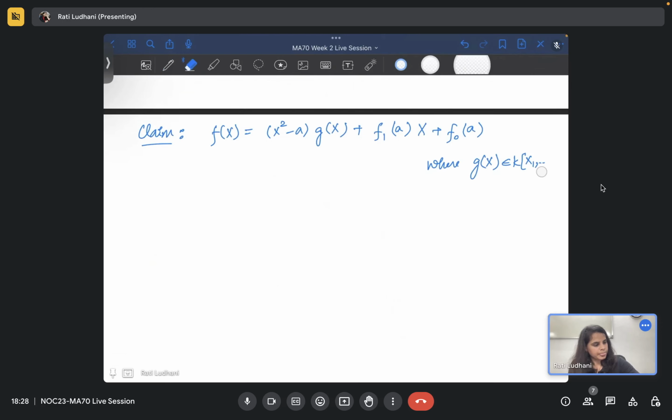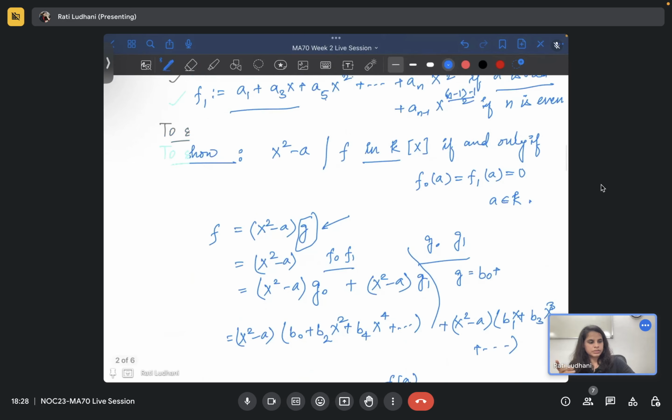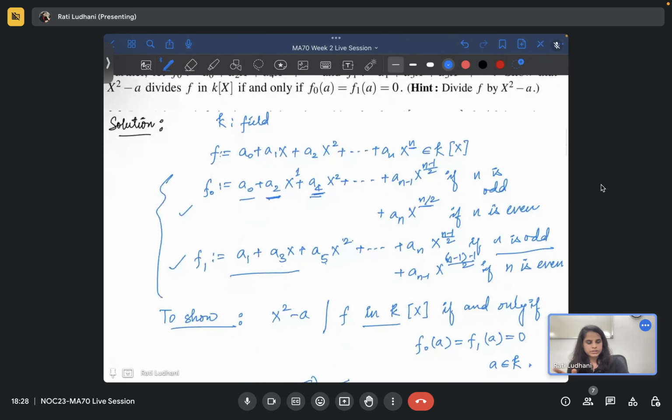So g(x) is some polynomial in k[x], and f1(a) and f0(a) are exactly coming from the representation of f1 and f0. I'm not saying these are something different. This is exactly what I'm using, because these are some polynomials.